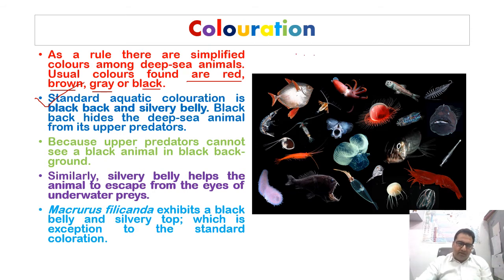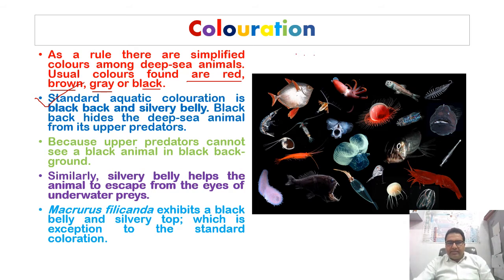Because when the predator looks from the downside at the fish, it sees the lighter belly, and the predator thinks that this is the light, and the fish just hides itself into the background of the light. When the predator sees from the upper side, the predator thinks that this is the floor of the sea. That is why these colors play an important role.